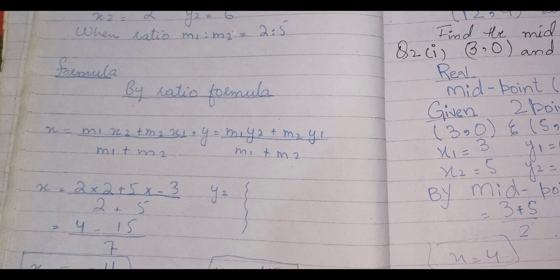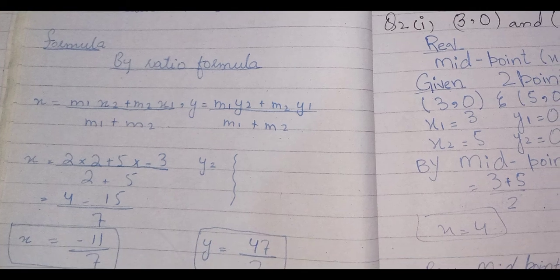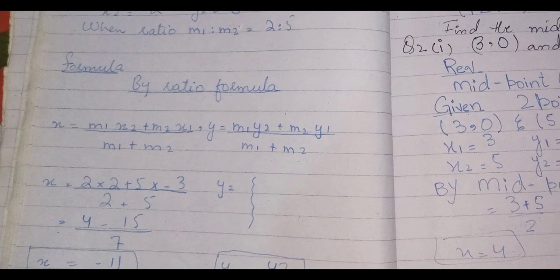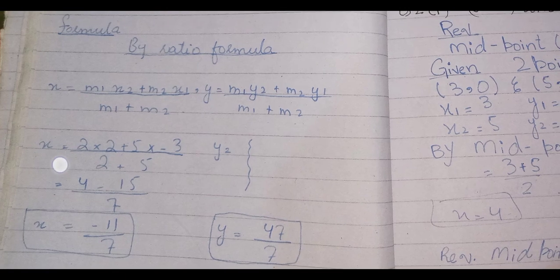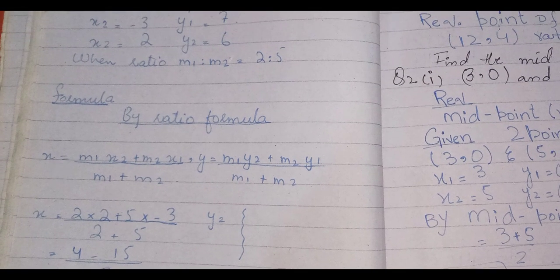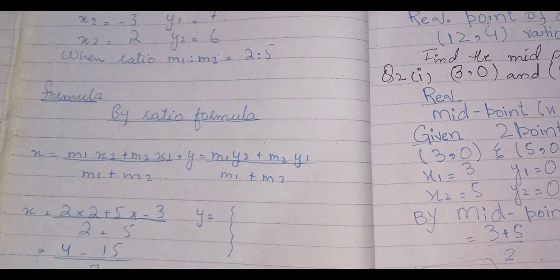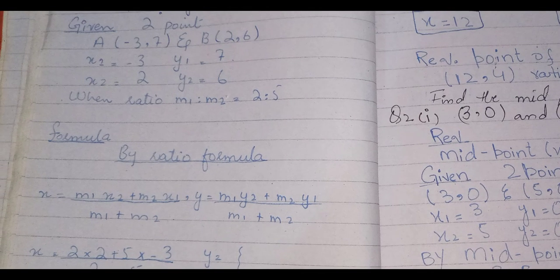So the formula is x is equal to m1 x2 plus m2 x1 divided by m1 plus m2 in the x coordinate, and similarly in the y coordinate we have m1 y2 plus m2 y1 divided by m1 plus m2. Now we put in the values. We have m1 is 2, we put it, similarly x2 we put here, and then the sign of plus, and then m2 we have is 5, okay, and then x1 we have is 3.